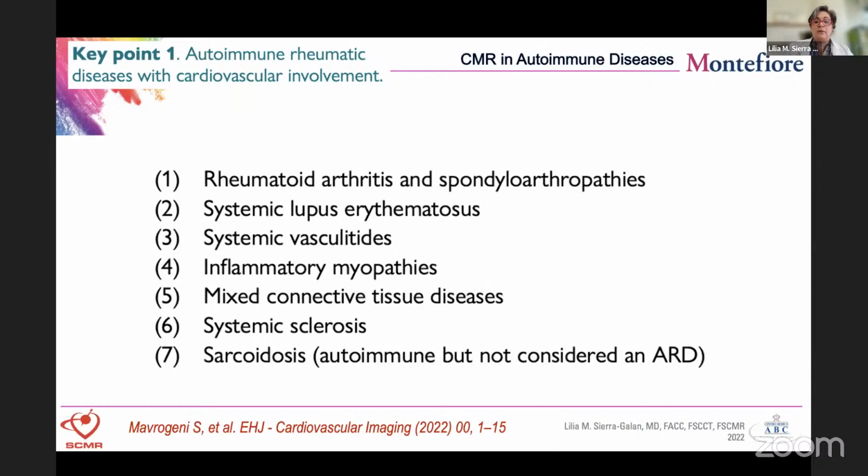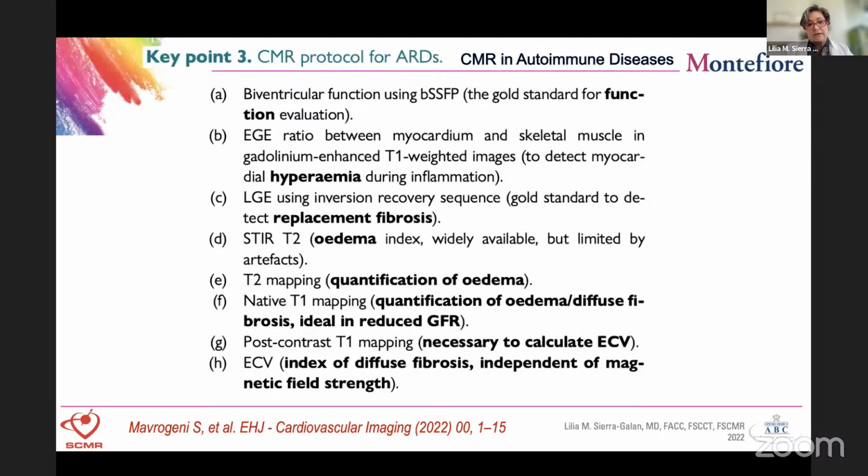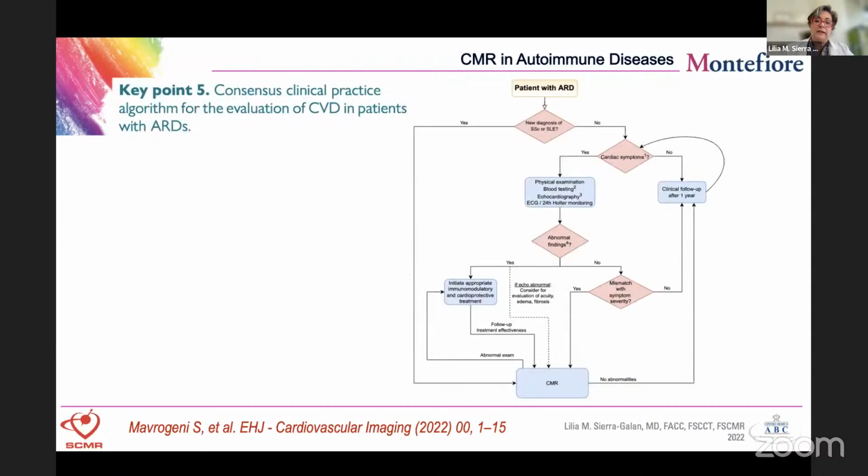So the key points of this talk would be to use this imaging modality in these diseases as I just reviewed in detail. The proposed CMR protocol is something that we already discussed in detail as well.